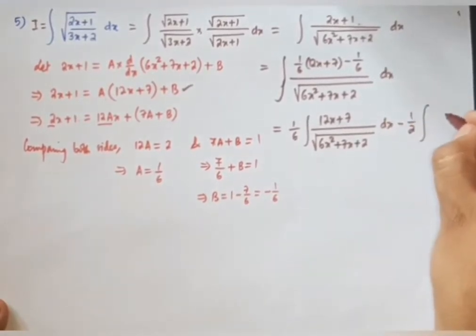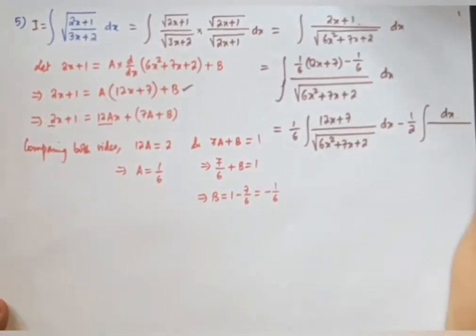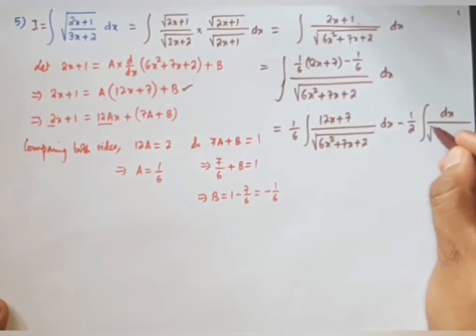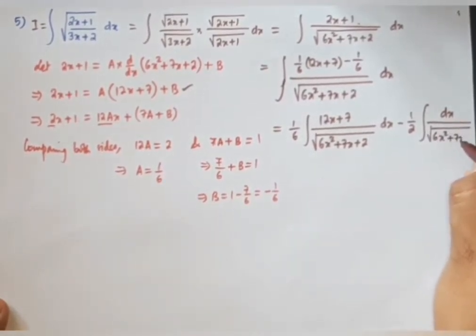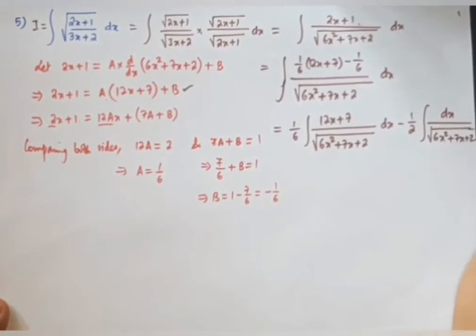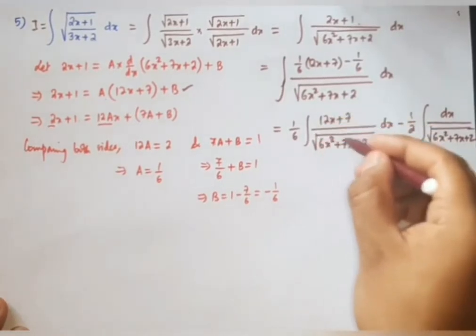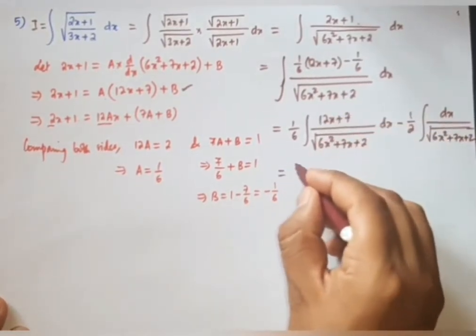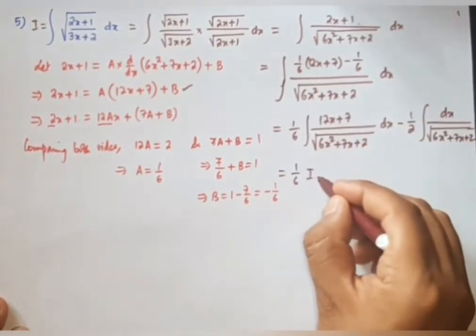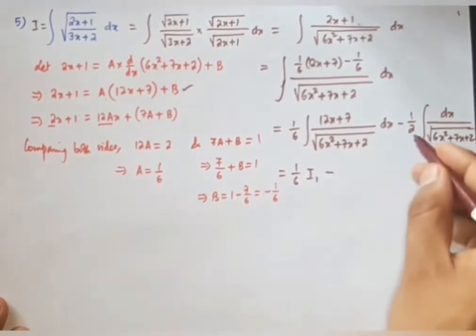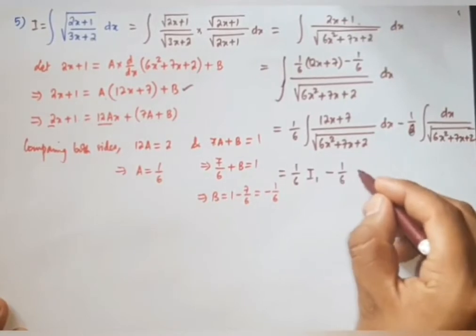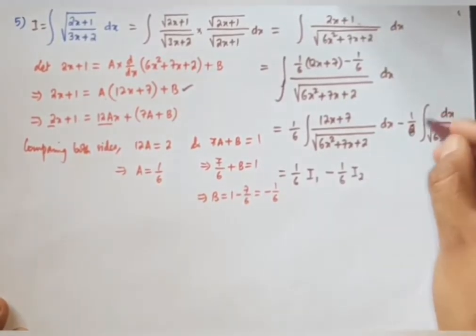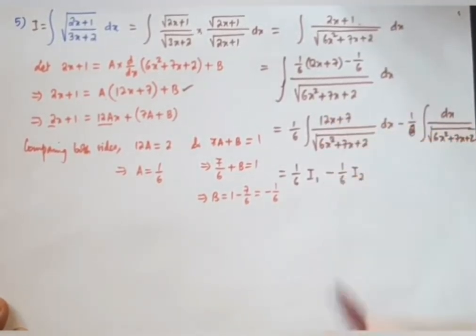So we have dx by square root of the same thing, that is square root of 6x squared plus 7x plus 2. Now let me call this integral I1. Okay, so this is 1 by 6 I1 minus 1 by 6 I2. So this full thing is I2 and this integral is I1 for me.